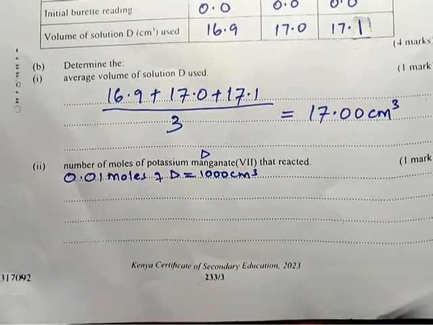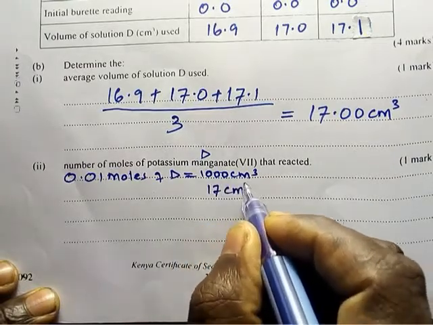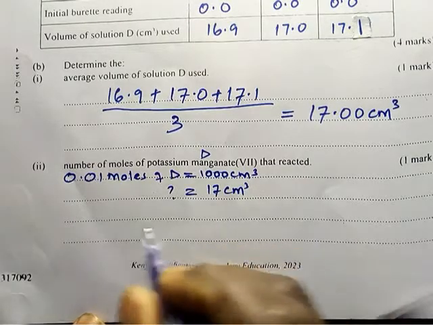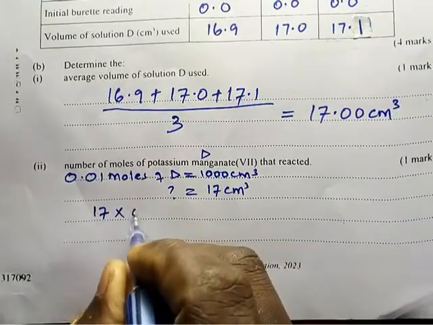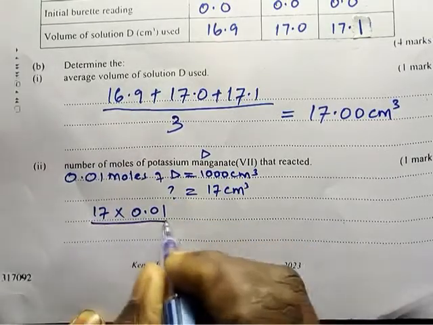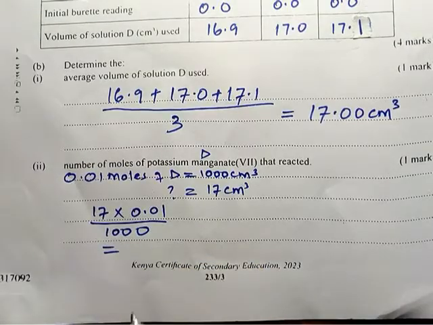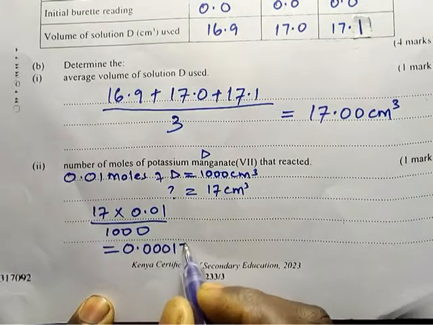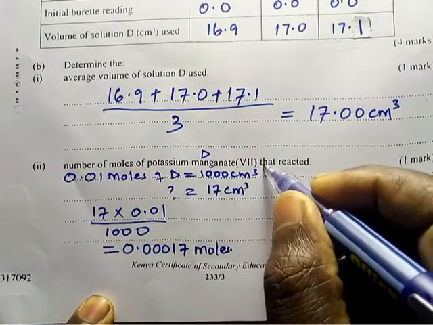Now we would want to find out what will be the number of moles in 17 centimeters cube of the same solution. This means it is 17 times 0.01, divided by 1,000, and this will give us 0.00017 moles.